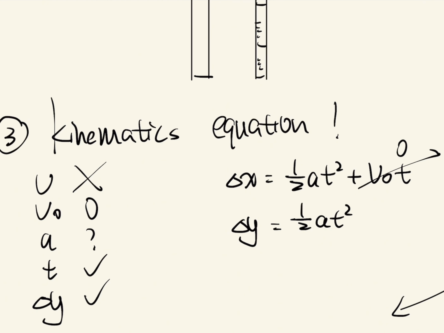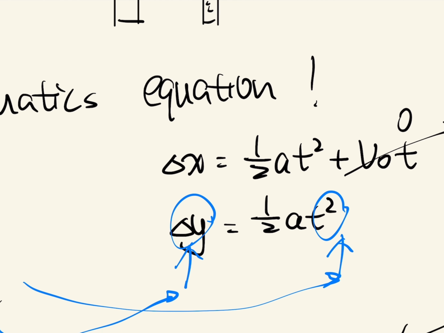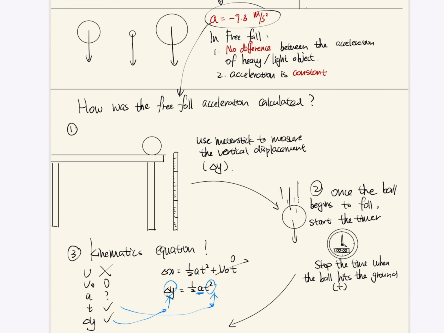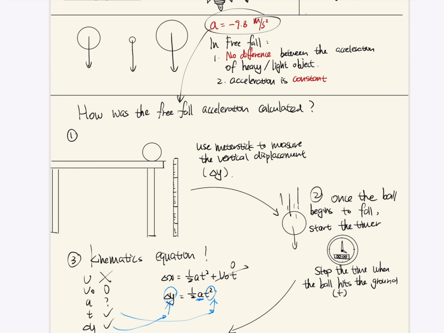We know the displacement and we know the time, so we can just plug them in. And once we have all the information plugged in, the only thing we don't know is the acceleration. So we can easily calculate the acceleration by doing the math. And that's just the acceleration of an object in free fall. It should be close to negative 9.8 meters per second squared.